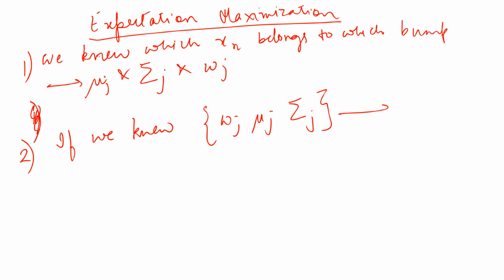So we know which x_n belongs to j. And so we're going to alternate this. Similar to k-means, we alternate these steps. Let me write down the algorithm and then also talk about that latent variable that we were talking about. So this is step one, and maybe let me write it on another slide.